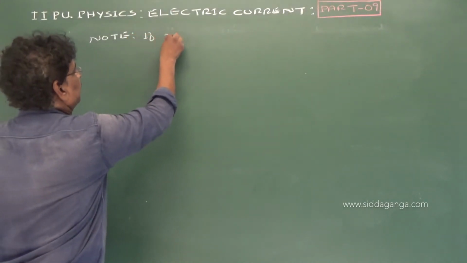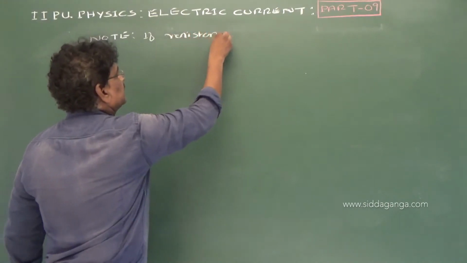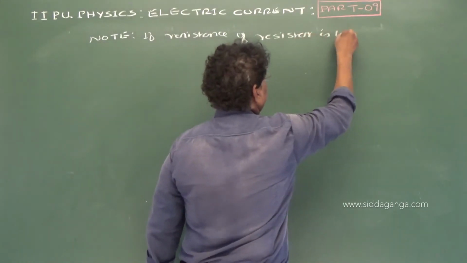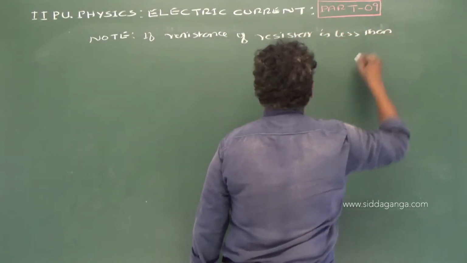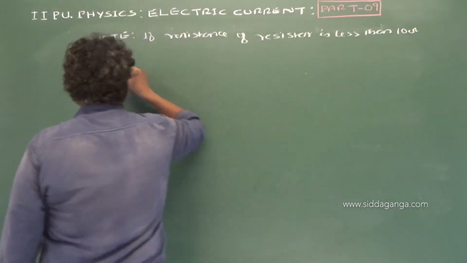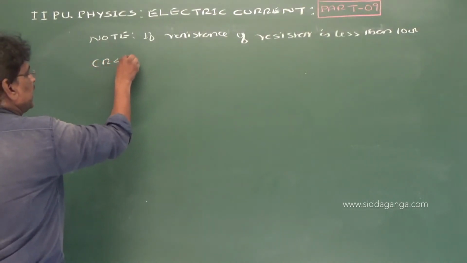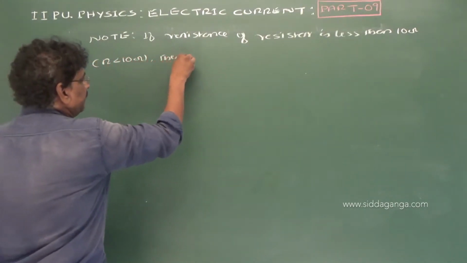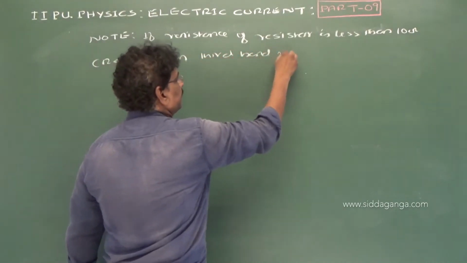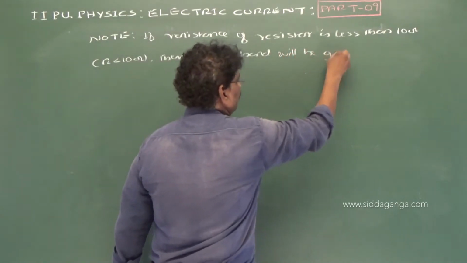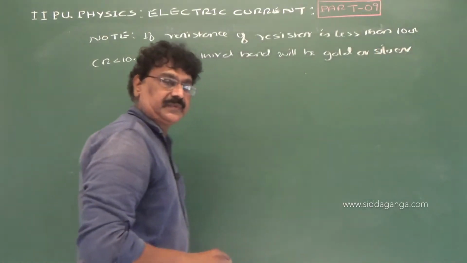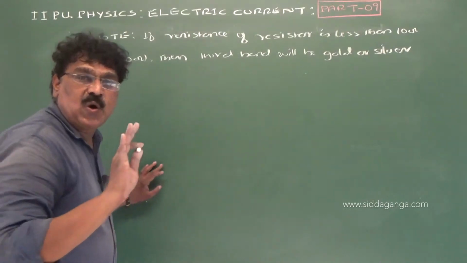Now that means if the resistance of a resistor is less than 10 ohm, that is R is less than 10 ohm, then the third band will be gold or silver, right, and there is no fourth band.